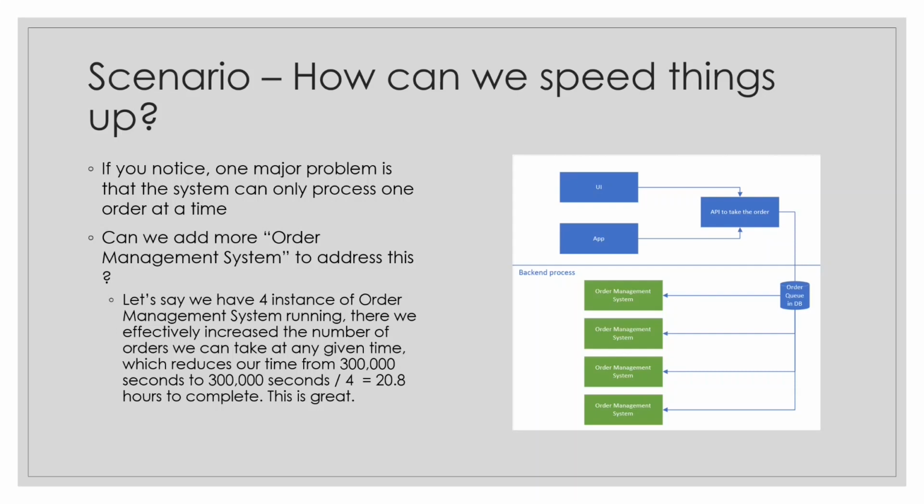But this is just an example. This number 4, you can increase to any number, say 10 or 20, depending on your requirement and the number of orders you're receiving. So that's one way to solve this problem. But is that efficient? That's what we're going to look at in the next slide.